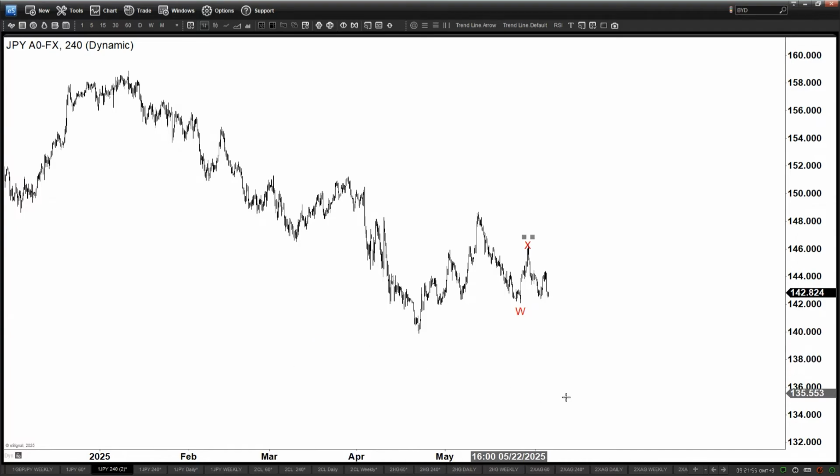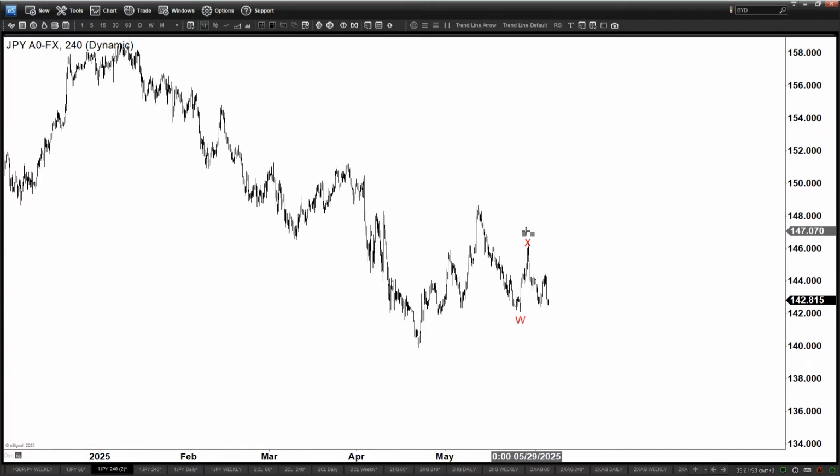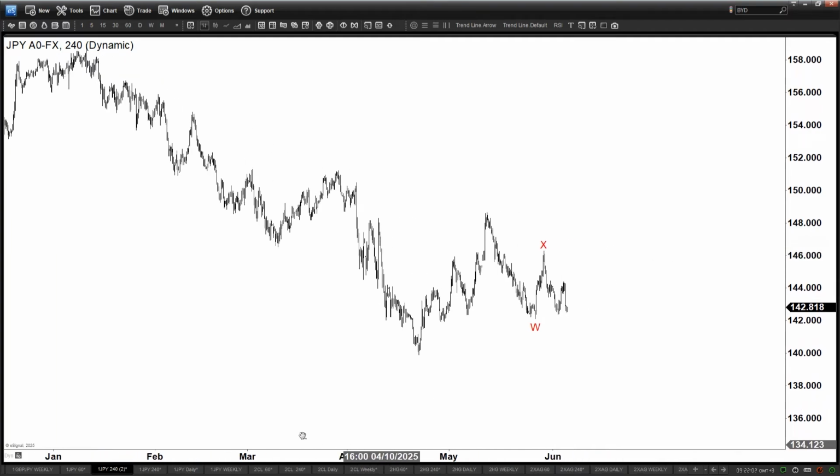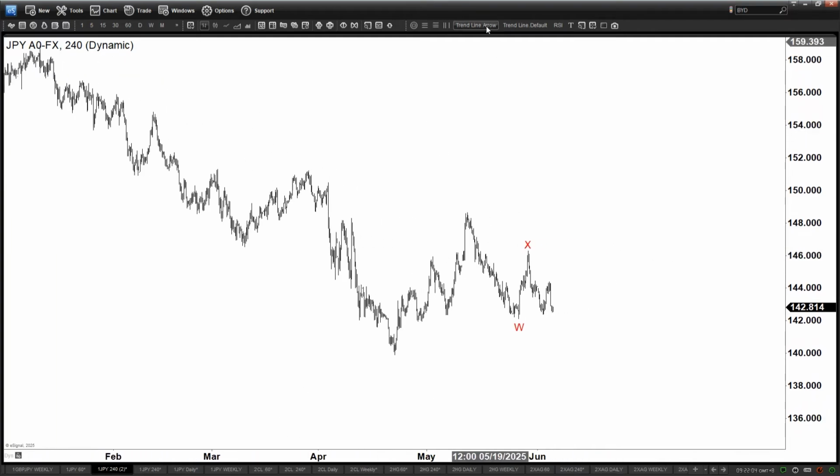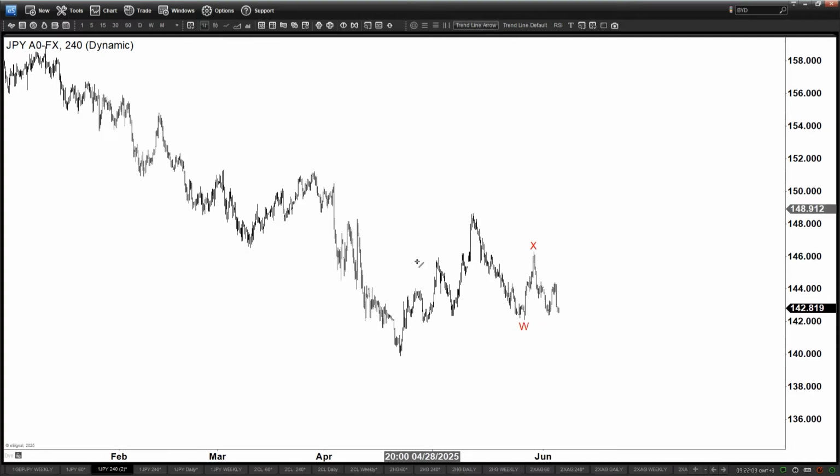Okay, now the thing is this: we know it is a bearish market, yes, but in order to confirm that the next bearish leg really has started to resume lower, we do need to break below this one. Until then, from a technical point of view, you cannot completely rule out with certainty that we could do this. We could, because we have not broken below here, but it is less likely.